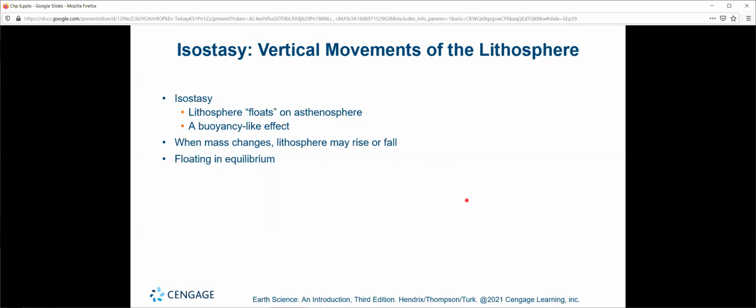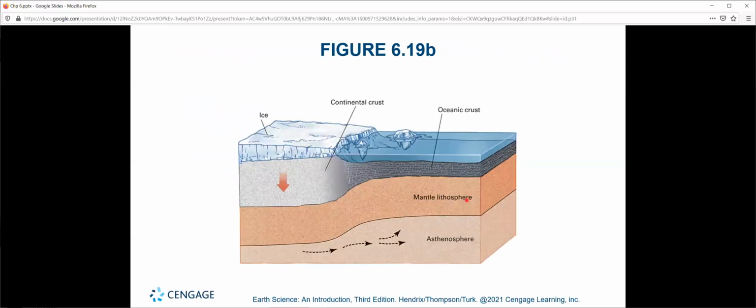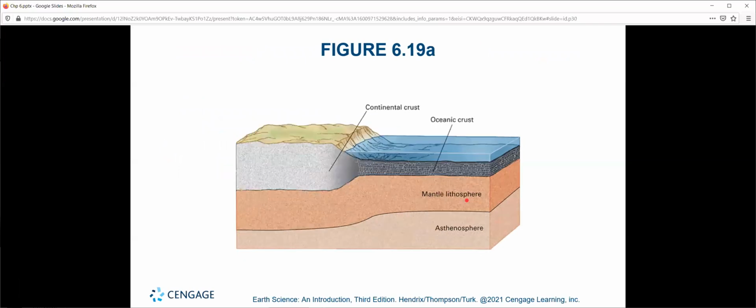Well, the lithosphere, the crust itself, actually responds to that change. In the same way that you've got an inner tube floating in the water and you sit on it, the inner tube sinks down. That happens with the lithosphere. This is mostly an impact, as shown here, of ice buildup, or you can also do erosion.